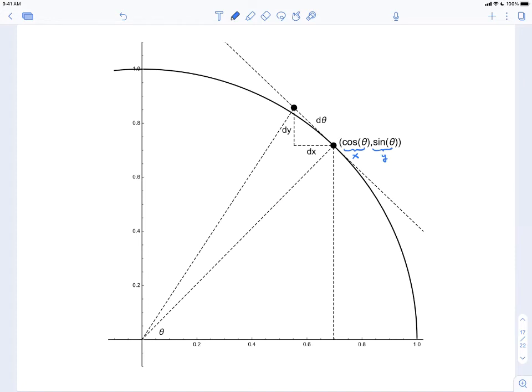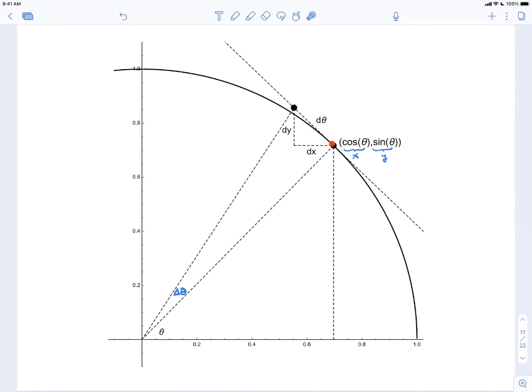Now, we imagine drawing a tangent line at this point, and we're going to increment our theta by a small amount, which we'll call delta theta. Since this is the unit circle, the measure of the central angle in radians, which is delta theta, is the same as the arc length of the intercepted arc.